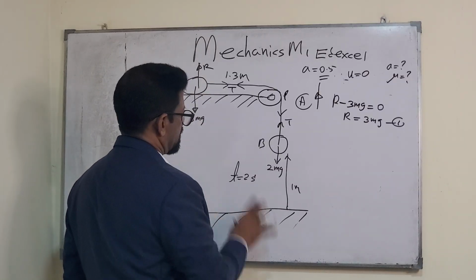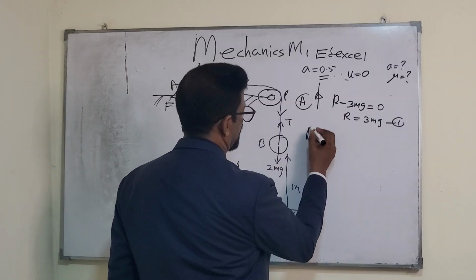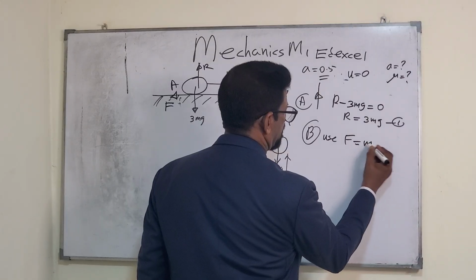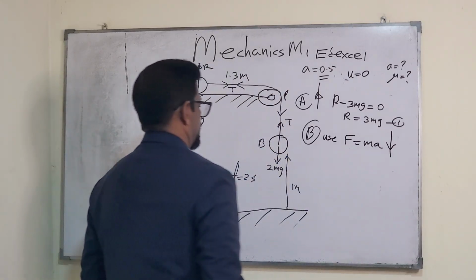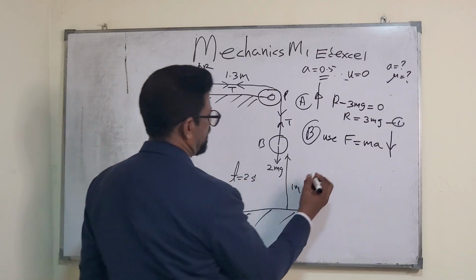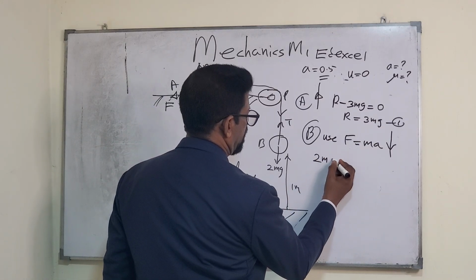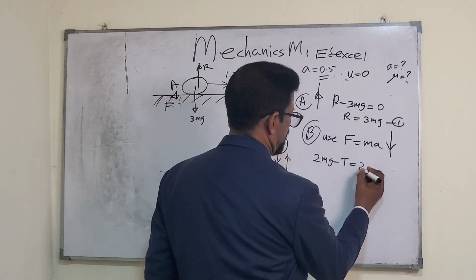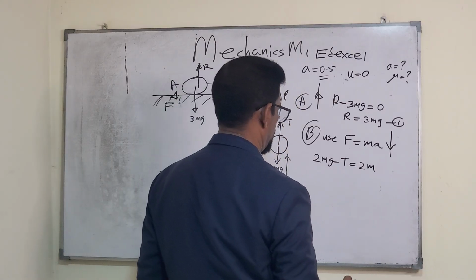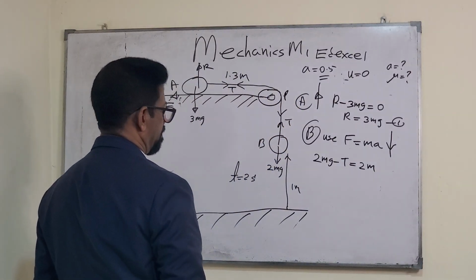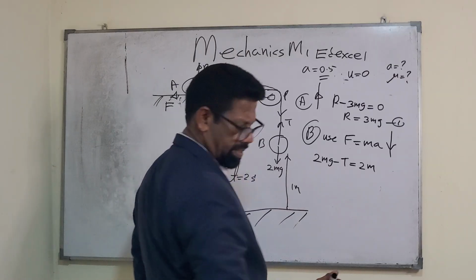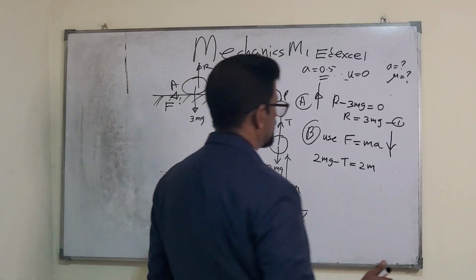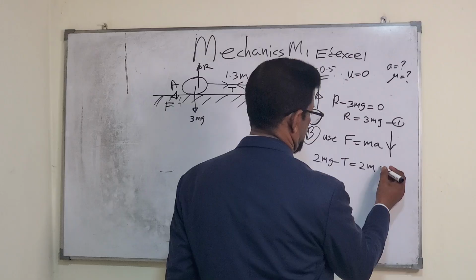You know the acceleration already, no? This is your particle B. Use F equals ma, Newton's second law, downwards. The force is 2mg minus T equals mass 2m times acceleration 0.5.